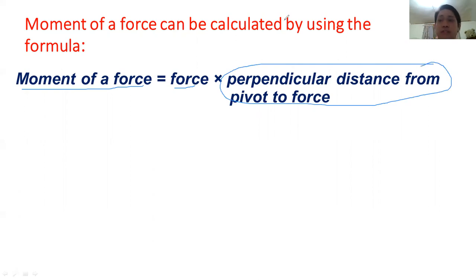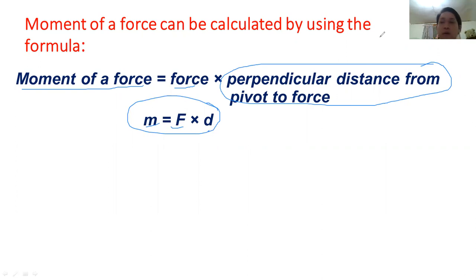It can be denoted in symbols as M = F × D, where M is the moment of a force, F is the force, and D is the perpendicular distance from the pivot to the force.